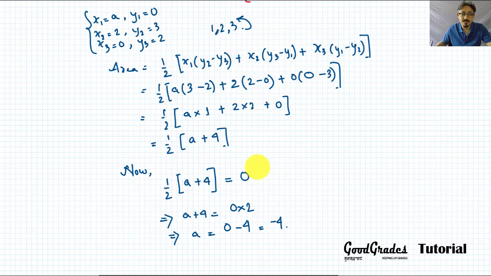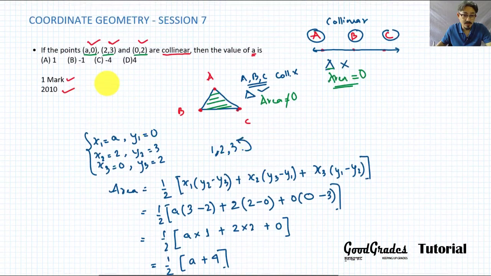The answer is minus 4. If we go up, we'll check that option C is our answer.